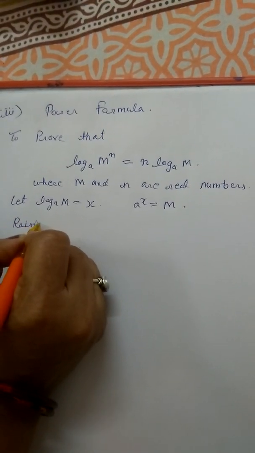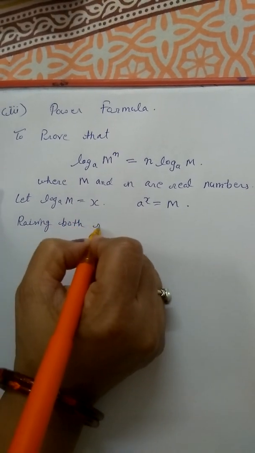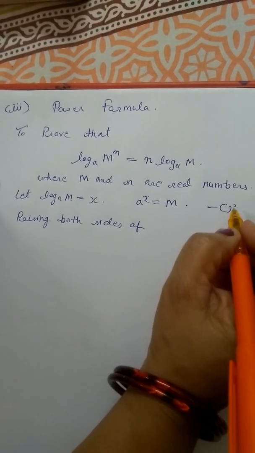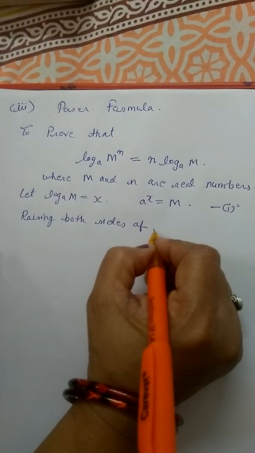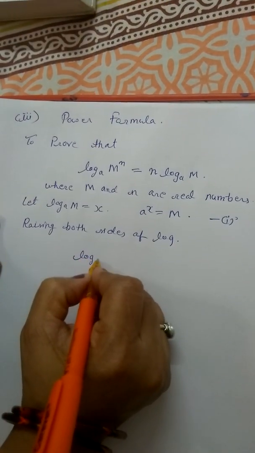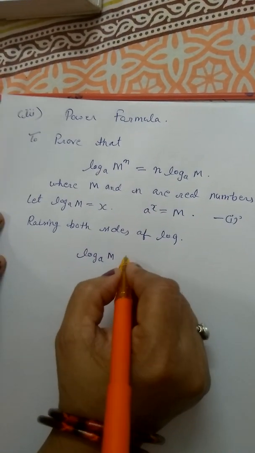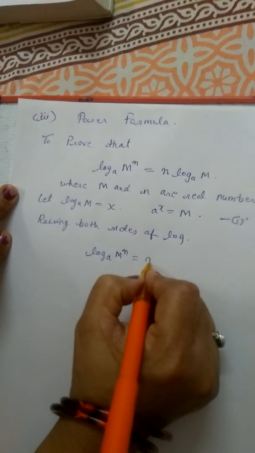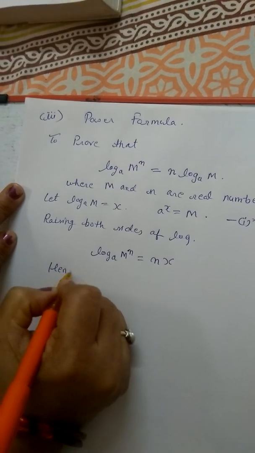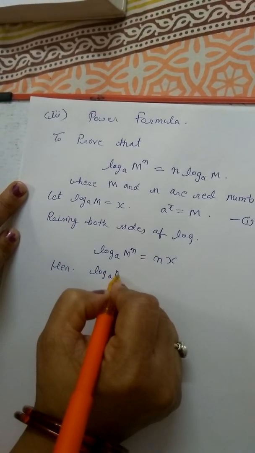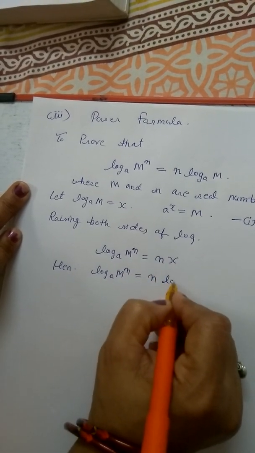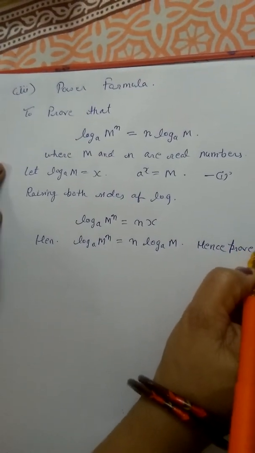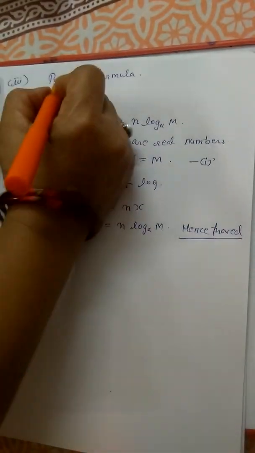Raising both sides of equation 1 to the power n, log_a m^n is equal to nx. Hence log_a (m^n) is equal to n log_a m. Hence proved. Now the third property has been proved, which is the power formula.